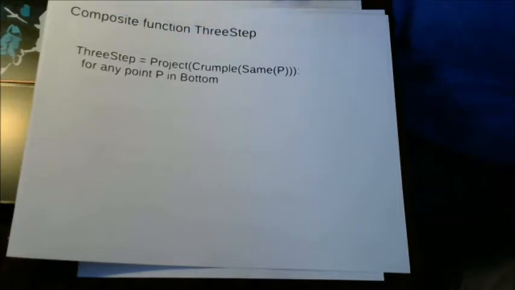So this is the formal definition for any point P in bottom. 3-step of P is you start with same of P, and then crumple that, and then project that. A composition of 3 functions. Now, note that 3-step maps the bottom sheet to a subset of the bottom sheet.